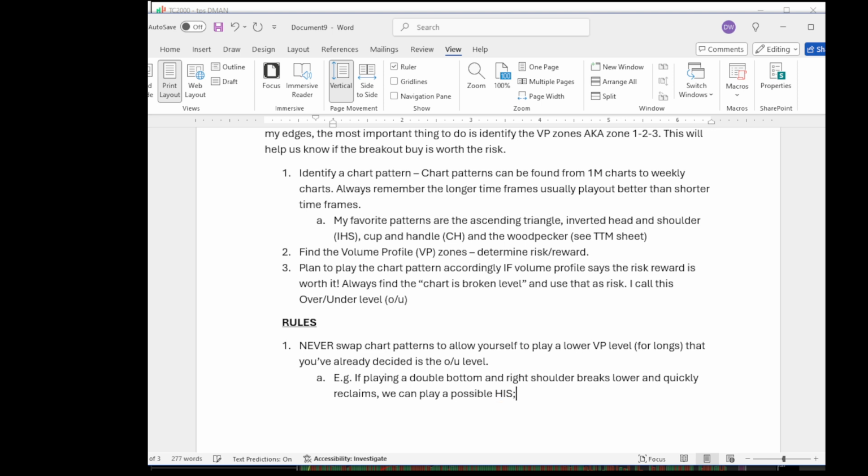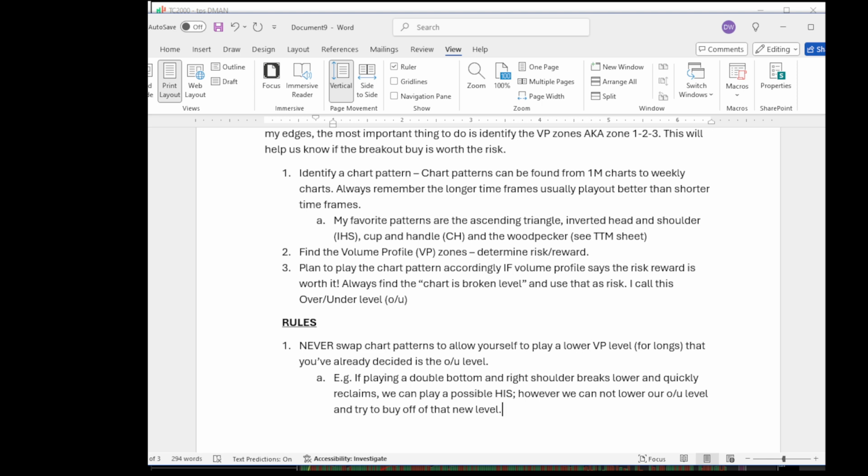However, we cannot lower our over under level and try to buy off of that new level. Does that make sense? Is this too confusing? Is it too wordy?